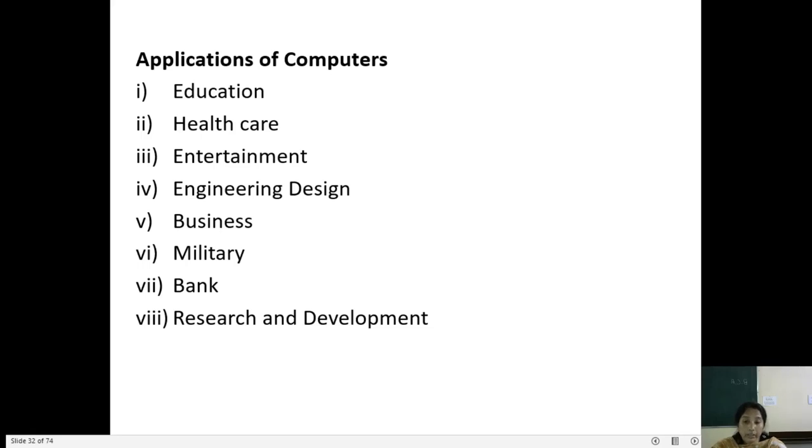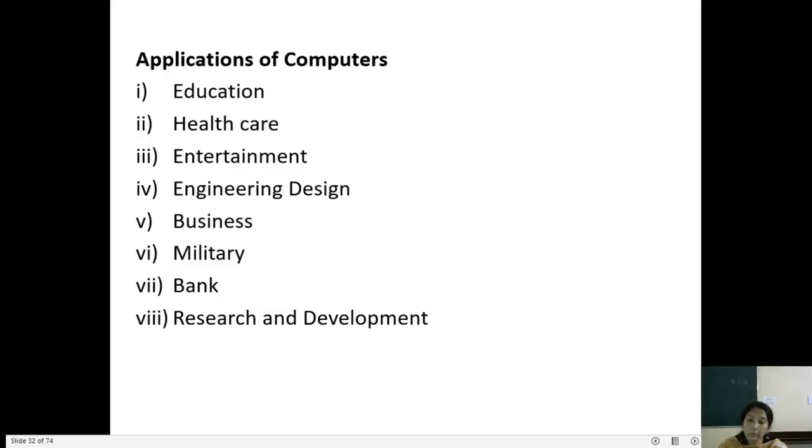And in entertainment, like multimedia, for making magazines or making news or adjusting anything, that is entertainment. In engineering, to design automobiles or any craft, or to design aircraft.